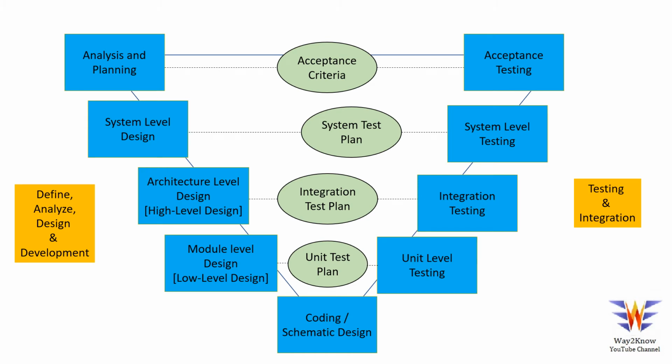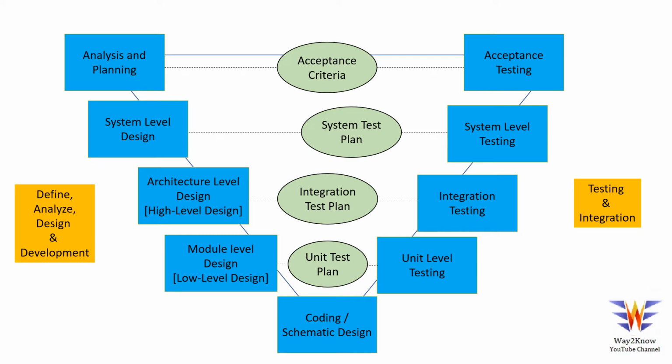This is the V model. The V model basically has all the steps associated with the waterfall model, except that there is a clear definition of the kind of testing that needs to be done as part of the system.